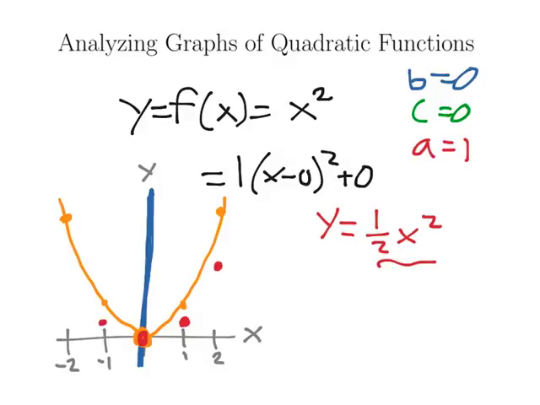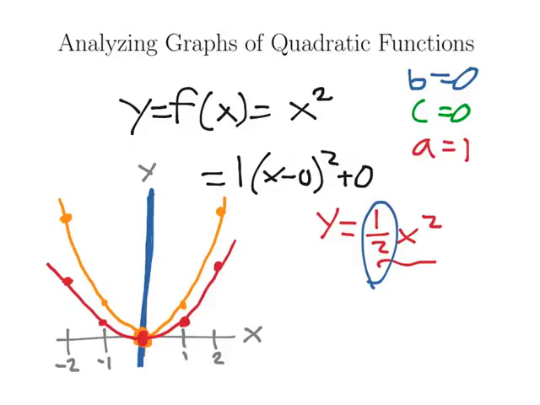And I know that it'll be symmetrical on the other side, so now I can connect these dots. And notice that it is wider. And it's wider because this smaller a, this 1/2, it's a pretty small number in terms of absolute value. This small 1/2 makes it change not as much.